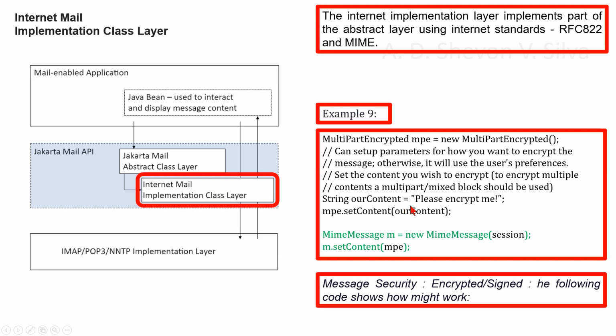You can set up a parameter for how you want to encrypt the message. Otherwise, it will use the user's preferences. Set the content you wish to encrypt. Multiple content should be used as a multipart mixed block.